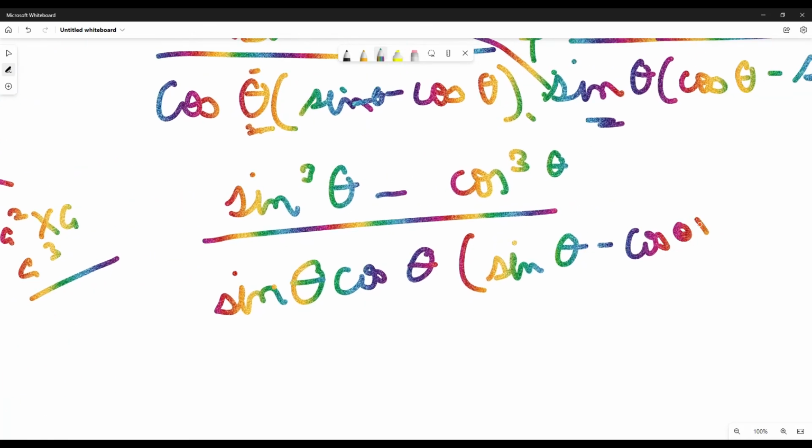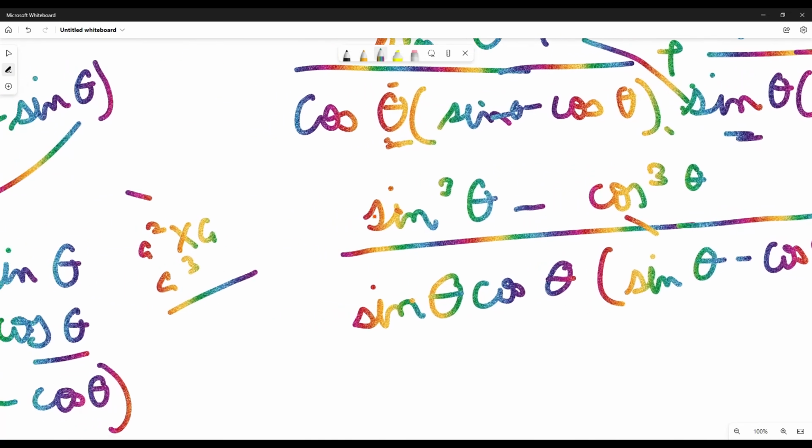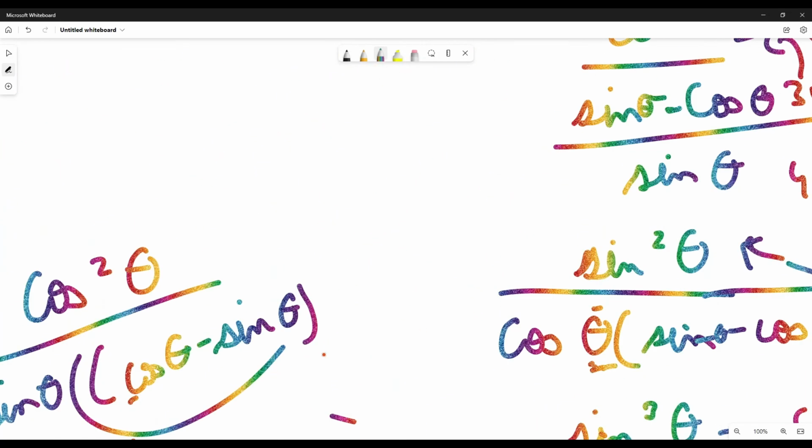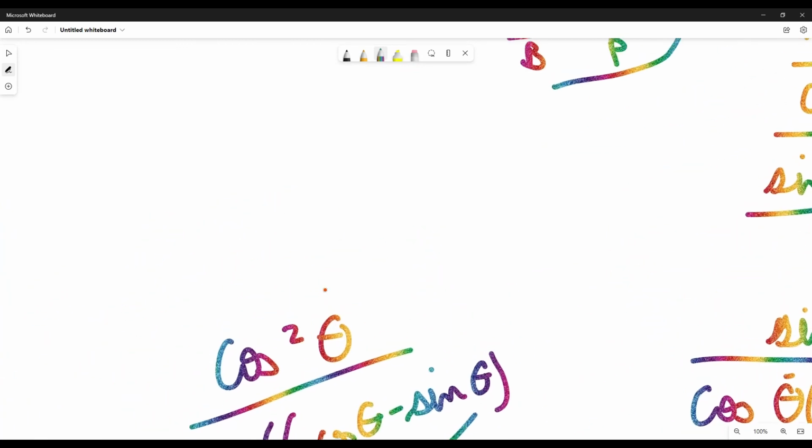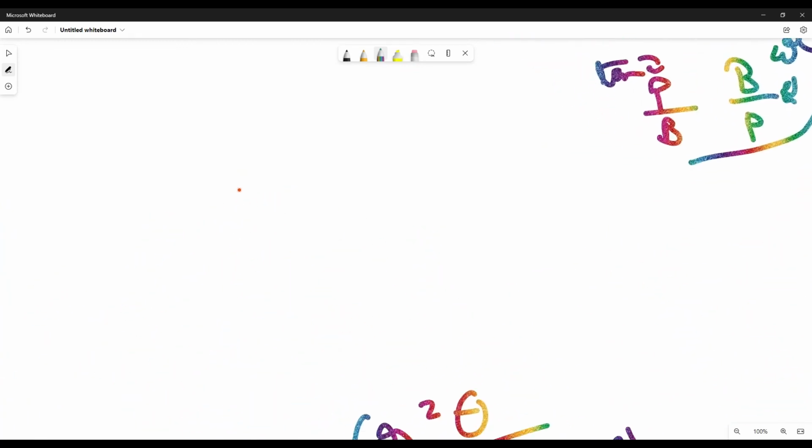Now many of you might be wondering what can we do now. So first thing that should click in your mind is from the numerator. That is, we see that taking, just a minute. Sine theta is A and B is cos theta.